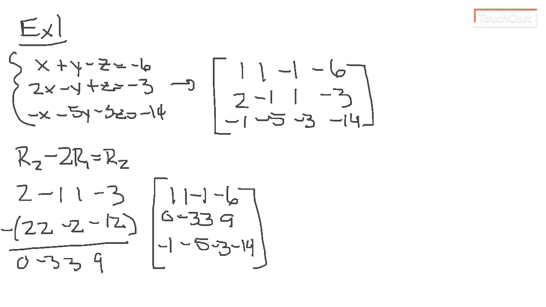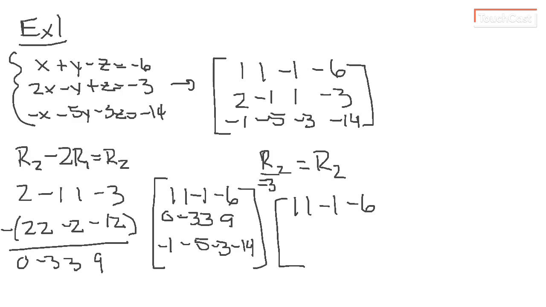And I'm now going to take my second row, I'm going to do another operation to it. I'm going to just divide it by -3. Pretty simple one. And then get a new second row from it. So my first row is going to stay the same, 1, 1, negative 1, negative 6.